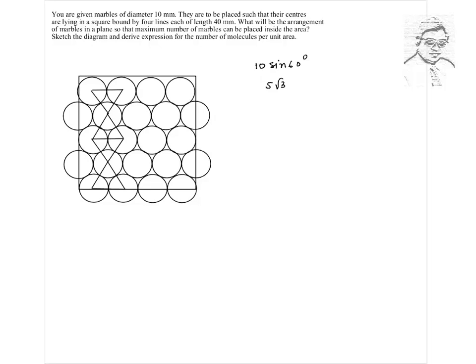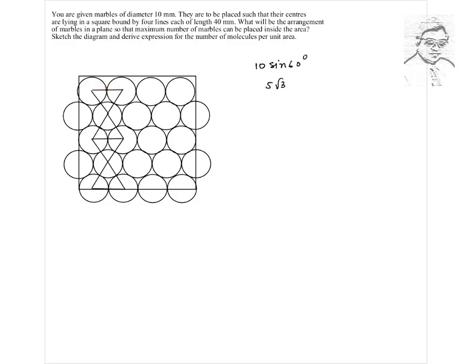Five root 3 means roughly 8.5. 8.5, 8.5, 8.5, 8.5. 34, okay. So that means the square will go beyond that.